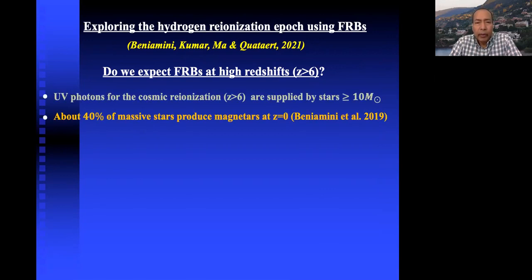And there are a number of arguments that there should be FRBs at high redshift greater than 6, because much of the UV photons for cosmic reionization are supplied by massive stars of mass greater than 10 solar mass. About 40% of these massive stars produce magnetars, neutron stars with strong magnetic field, at least in the local universe at redshift 0.